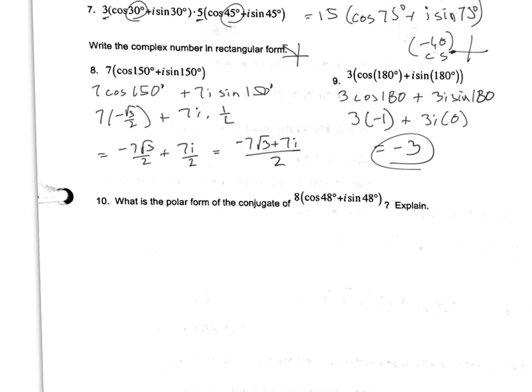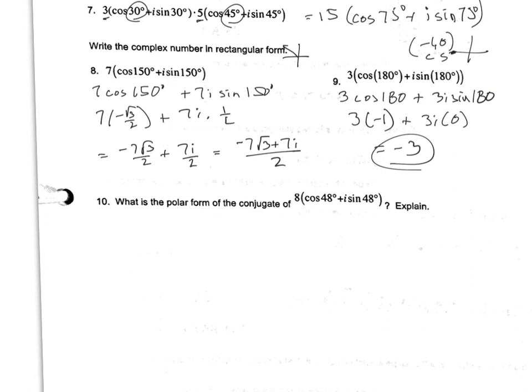Now for number 10, we're going to put this together with what we did the other day in the video. Maybe you didn't watch the video, and that's a shame. So we're going to write the polar form of the conjugate of this number. What we learned about conjugates of complex numbers the other day when we graphed it is that it reflects over the x-axis.